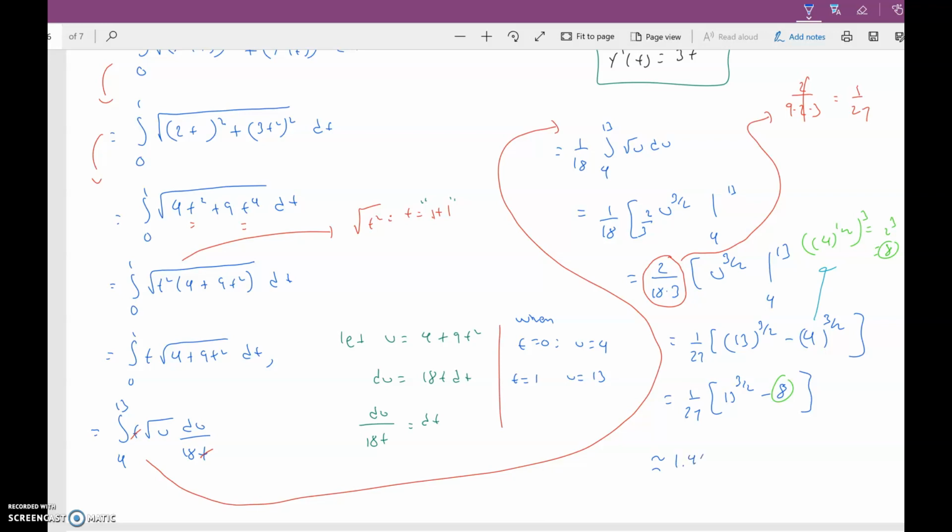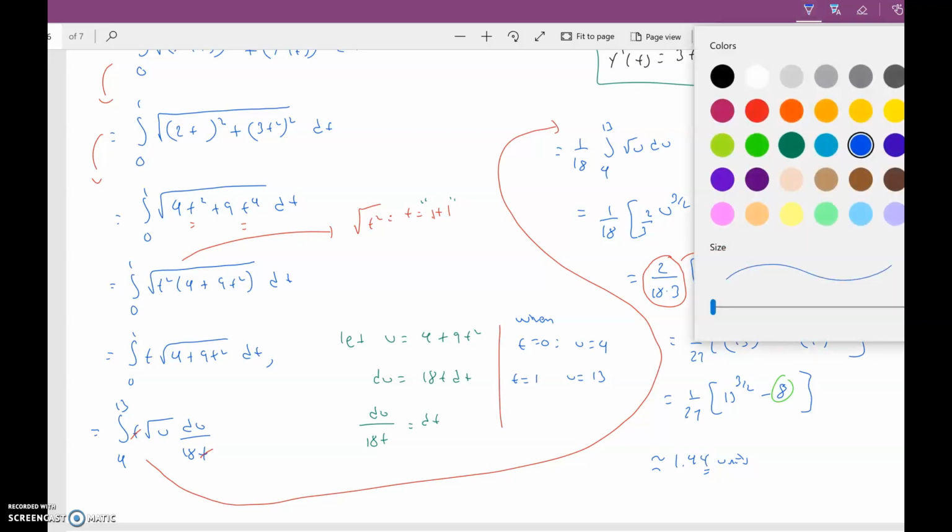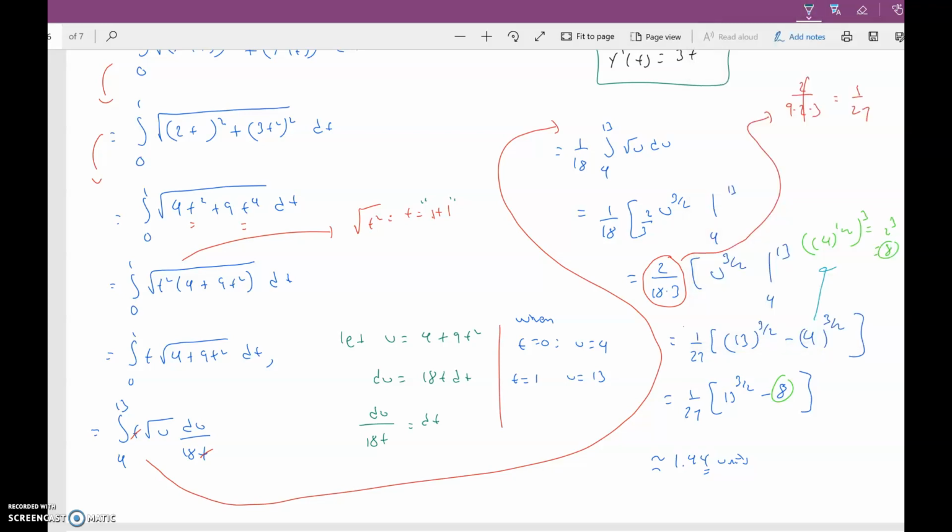So 1.44, and I'm rounding to 2, units. And then for the exact answer, you could have left it like this. It doesn't really simplify a whole lot. I mean, the 8 looks nicer than the 4 to the 3/2, but it's still kind of a mess, and you don't have to go further. So you would have just left it as units.